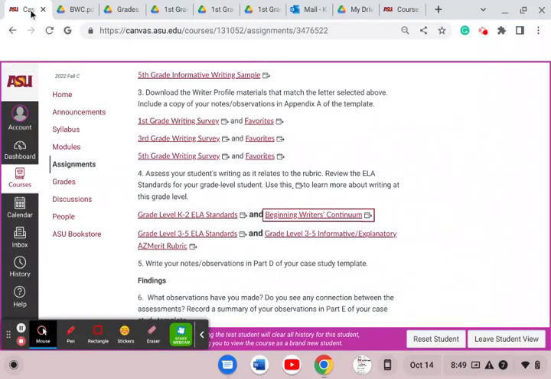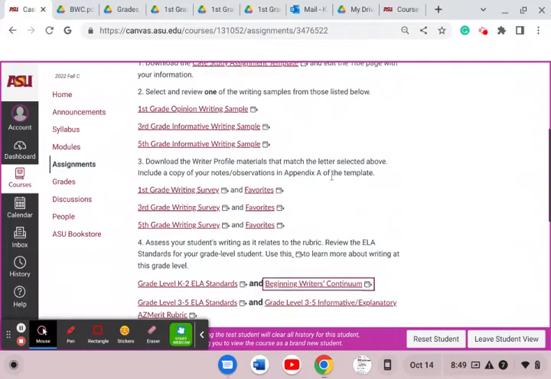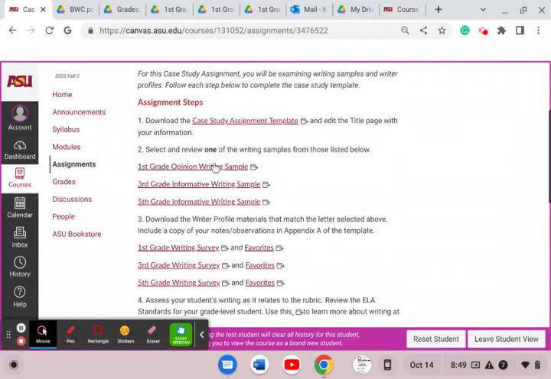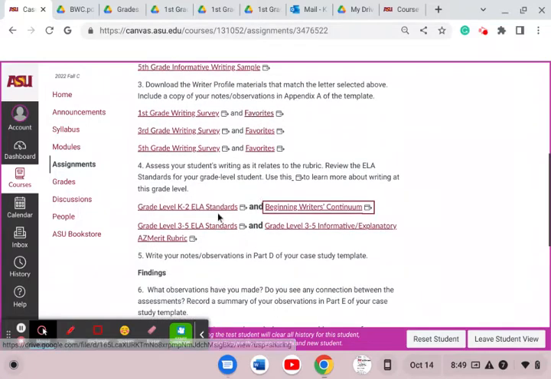So there's a lot of moving pieces in this one, but don't let it overwhelm you. Just what I would suggest is pick a grade first. Then when you pick your grade, open up everything for that grade and go through it. So the first 1, 2, 3 are samples. The next is standards, and then the last is going to be how you would score the writing sample.